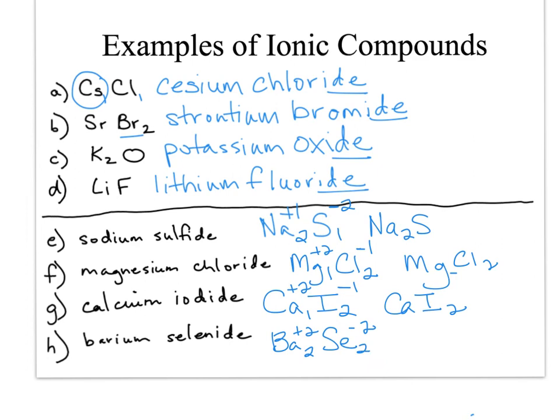Now in this case, you can see that it takes 2 barium to 2 selenium, and that can be reduced to a 1-to-1 ratio. So we can just say BaSe as our compound formula for that. If you see that you have the same numbers here, and it's a 1-to-1 ratio, then you can just leave it without any subscripts.